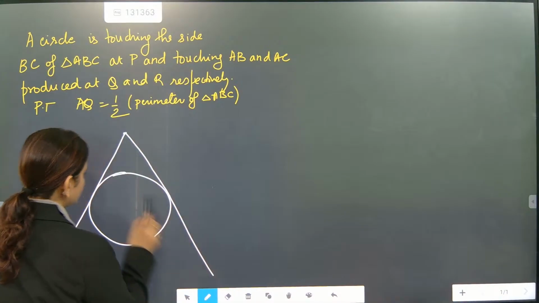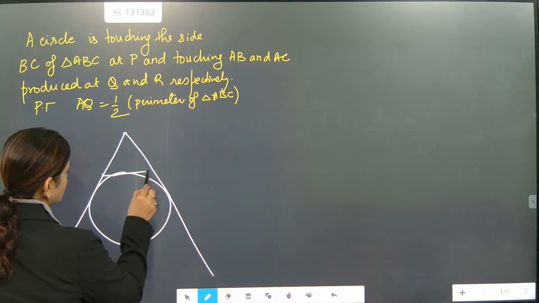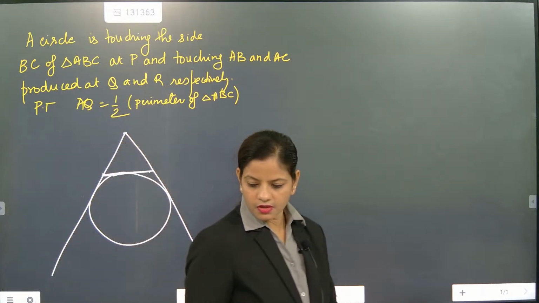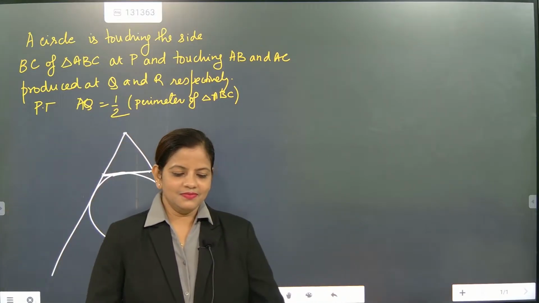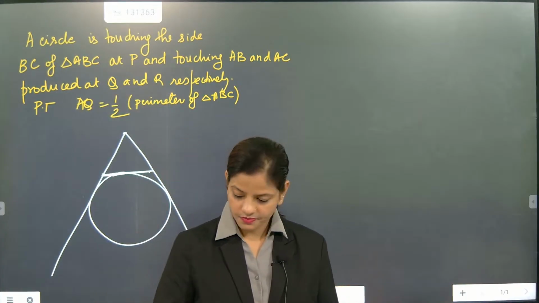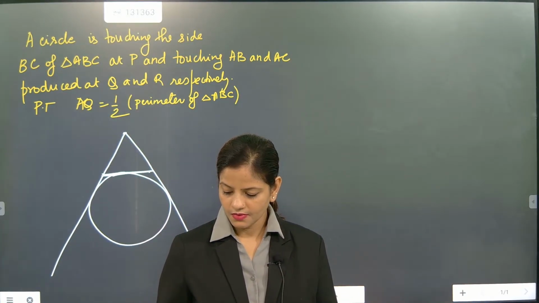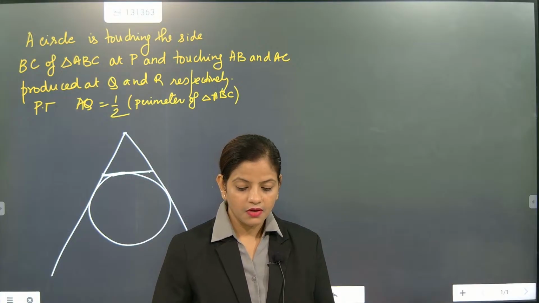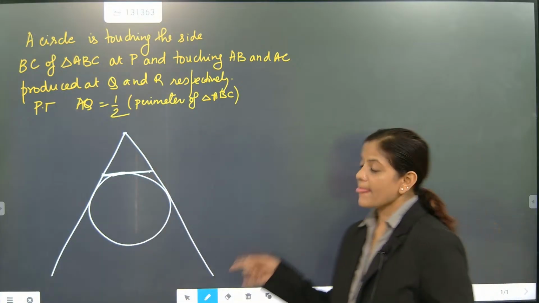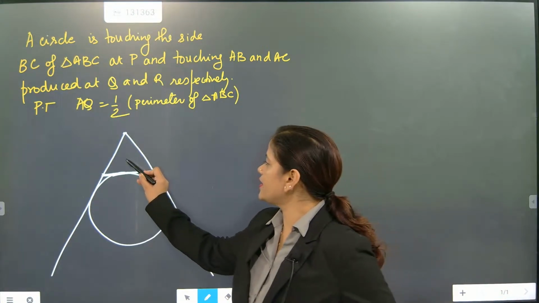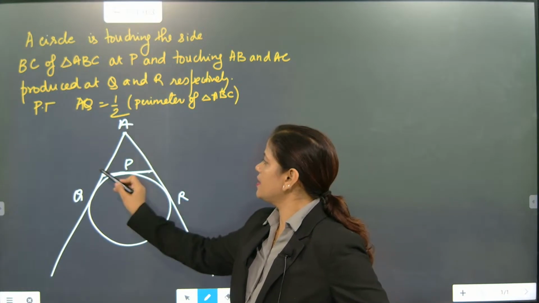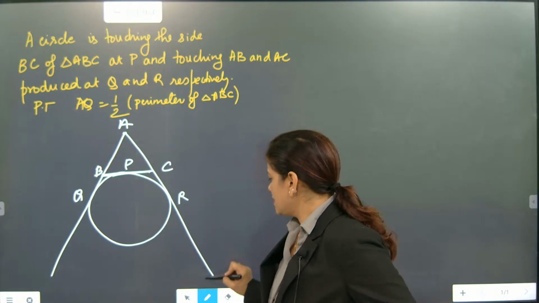Now I hope you have seen this one. So the circle is touching the triangle, and the contact points are P, Q, R, A, B and C. That's it.